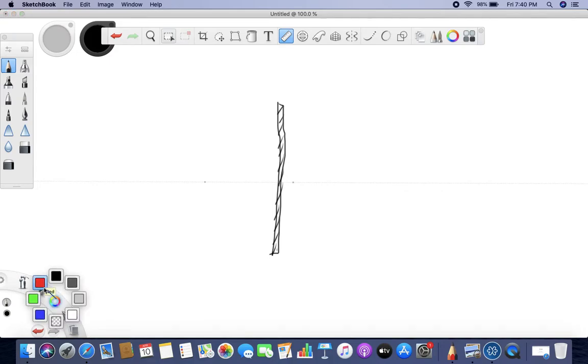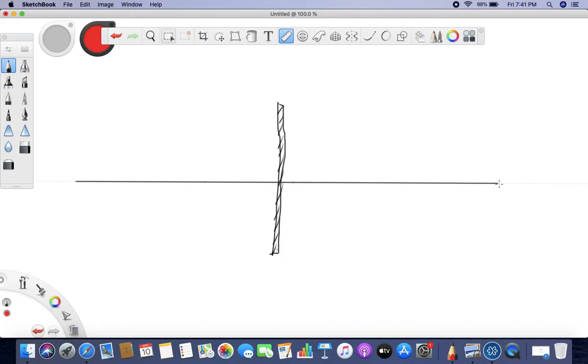Because whatever you do, it is on the principal axis. So here I am drawing a principal axis for you. Now let's say this is my object AB. I show it with an arrow, and I name it AB.